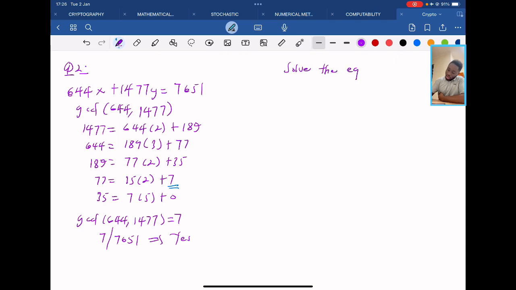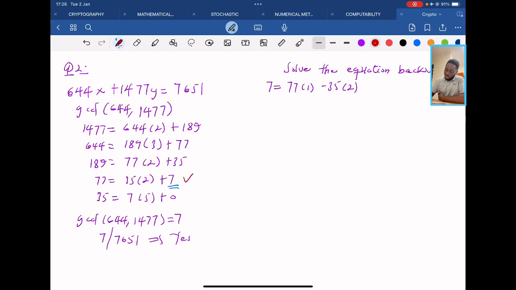Make 7 the subject. So you're going to get 77, which has 1, minus 35 times 2.